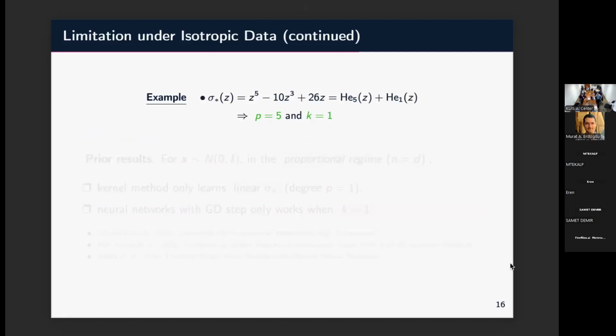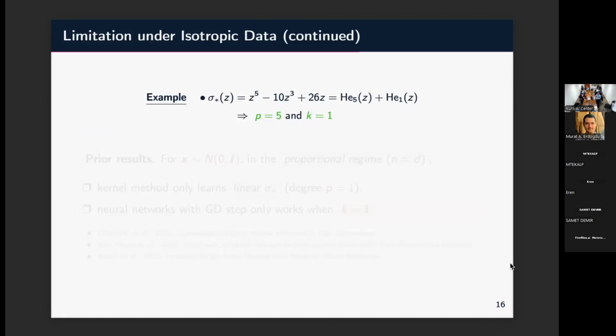Now, assume that the target function I'm trying to learn is the following polynomial. This is a degree 5 polynomial, and you can write it as Hermite degree 5 plus Hermite degree 1. Since the smallest order Hermite coefficient is Hermite degree 1, the information exponent is 1. And the polynomial degree is the largest monomial order, that's p equals 5.